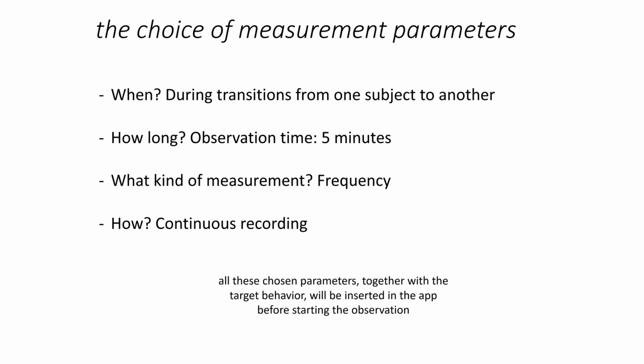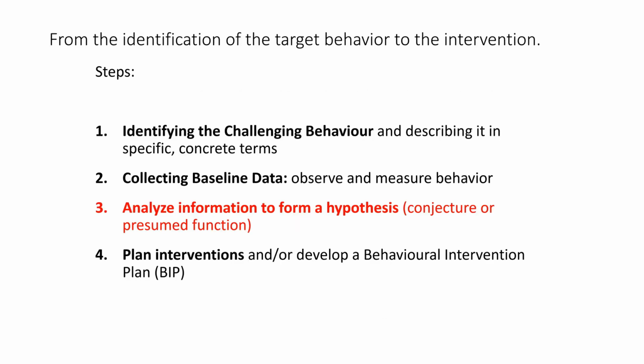This means that there is a possibility of carefully dedicating time to observation. As a consequence, a continuous recording approach has been chosen. All parameters chosen, together with the target behavior, will be inputs in the application before the observation begins. In the next video, Antonella Chifari and Gianluca Merlo will show you how to do it in practice.